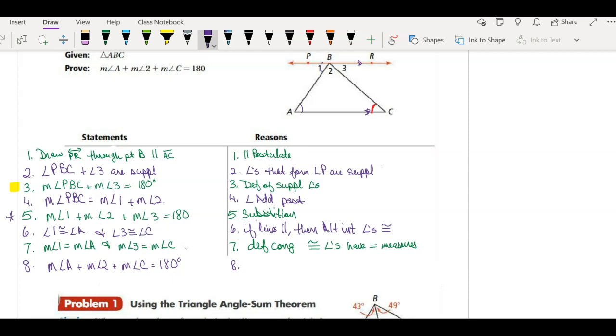So we looked back at step 5, where we had the measure of angle 1. What do we know? The measure of angle 1 is equal to the measure of angle A, so we substituted that in here. Then we had the measure of angle 2 and the measure of angle 3. We know that the measure of angle 3 is equal to the measure of angle C, so we substituted that in. So our final reason is the substitution property.